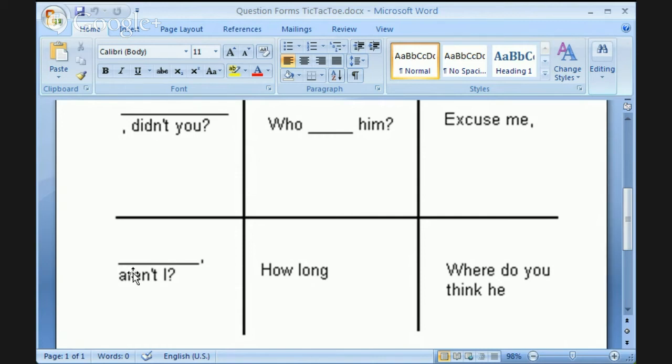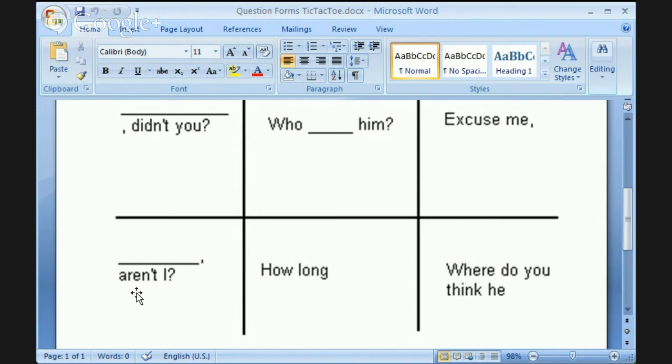Daniel, aren't I? Let's see. Obviously, you're kind of trapped. Your tag is in present tense, which is, of course, very strange. Aren't I. This is a contraction of are not.